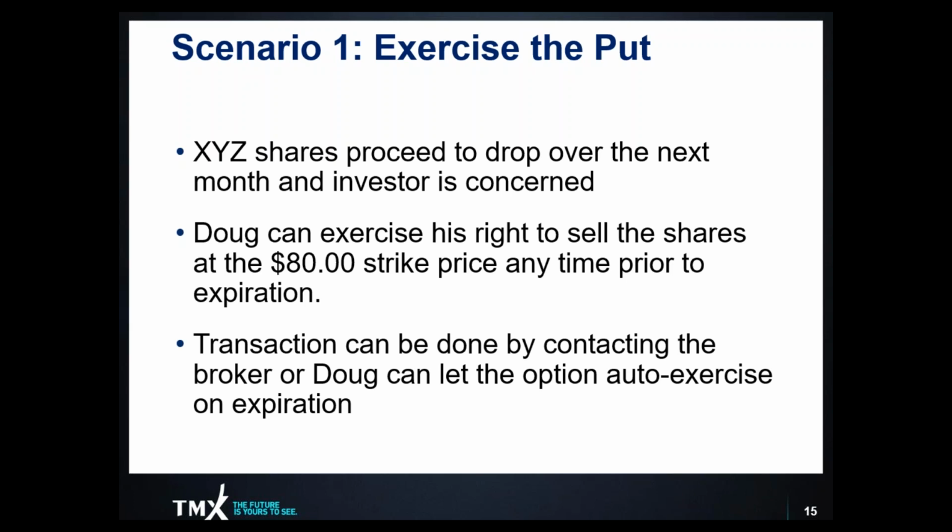What Doug can do is contact his broker and exercise his right earlier and sell the shares, or he can simply wait until the 4 months is up and let the option auto exercise on his behalf at expiration. Either way, Doug can start considering some possible actions in order to manage the position that he is currently in.